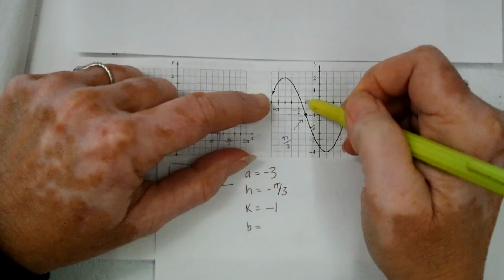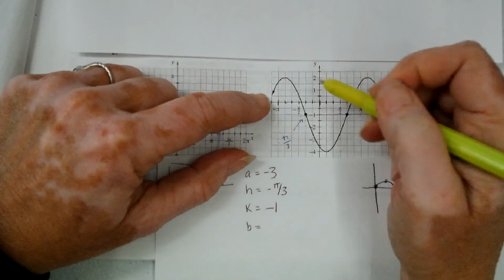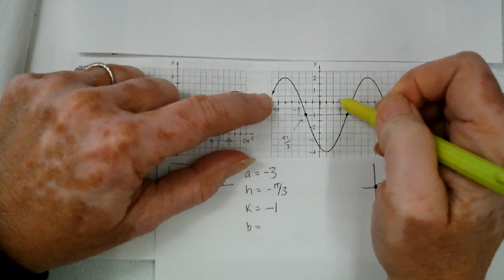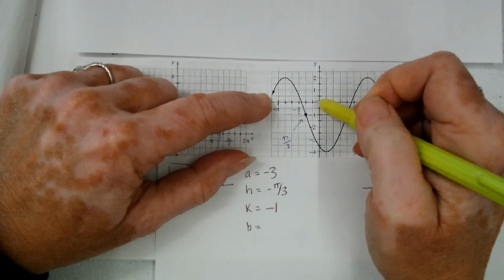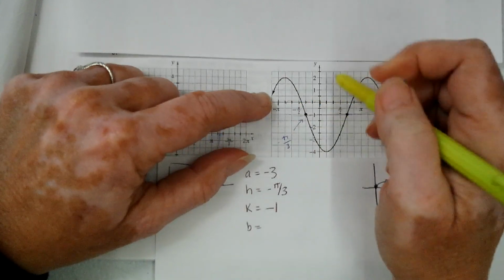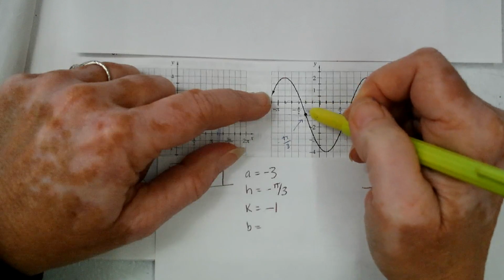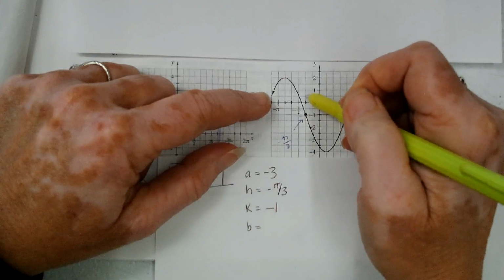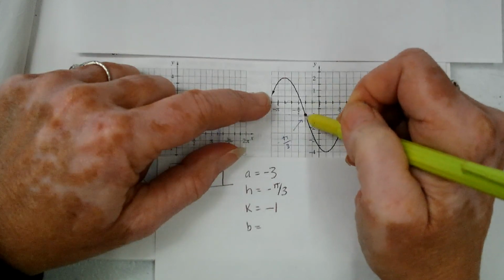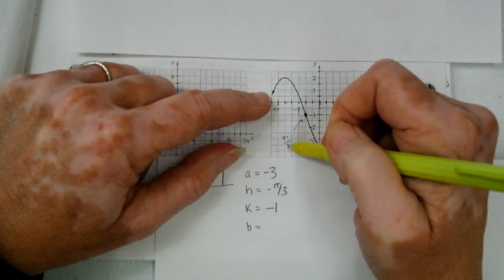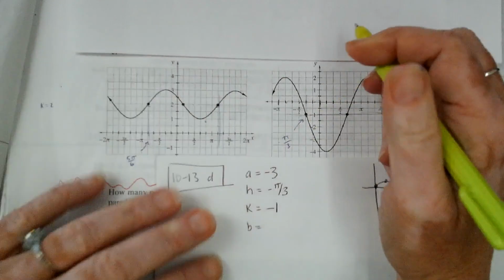So 1, 2, 3, 4, 5, 6. There are 6 spaces there, so each one of these is 1/6 of pi. So this is 1/6, 2/6, which is 1/3. So this is negative pi over 3. That's why it's labeled like that.